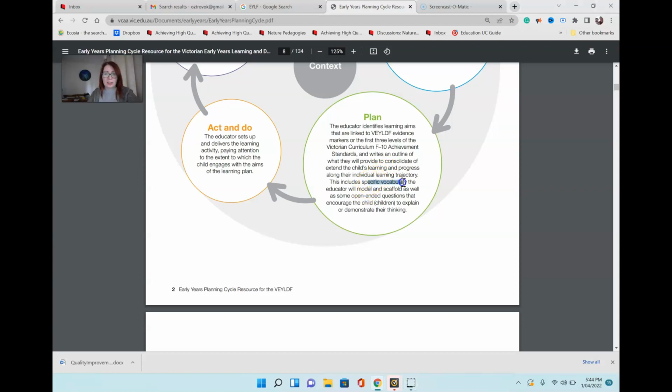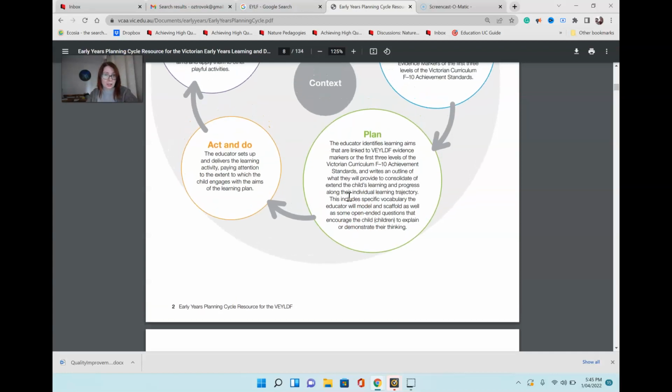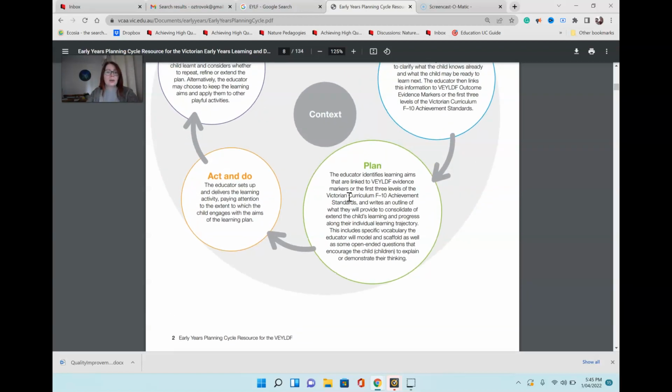How are you going to model and scaffold further knowledge through open-ended questions? How can you make this experience meaningful? How are you going to set it up? This is a planning stage that requires a lot of thinking, including reflections on analysis and on observations. You also think about your context during this step.